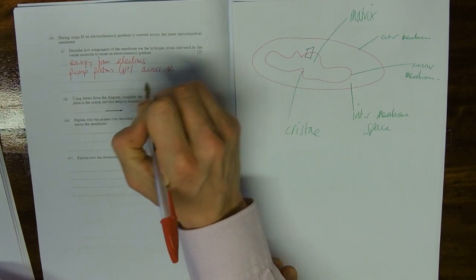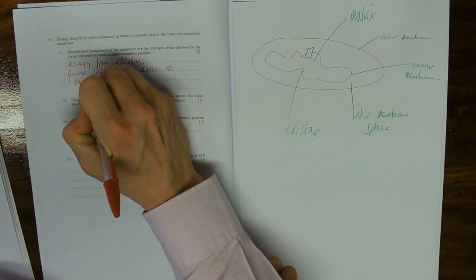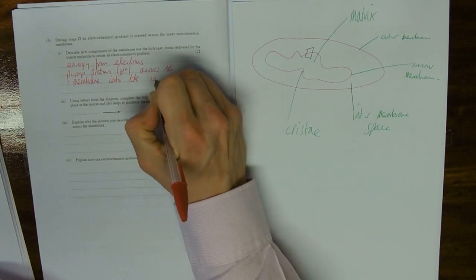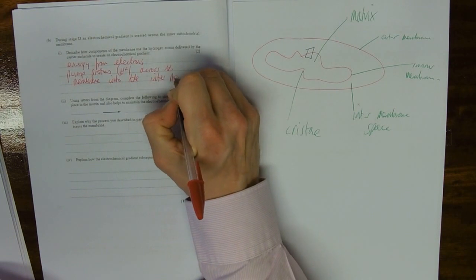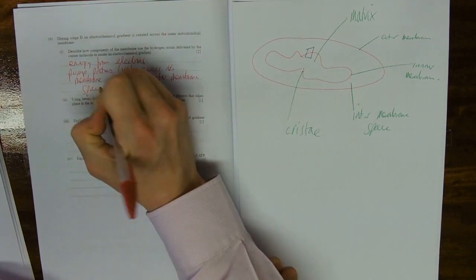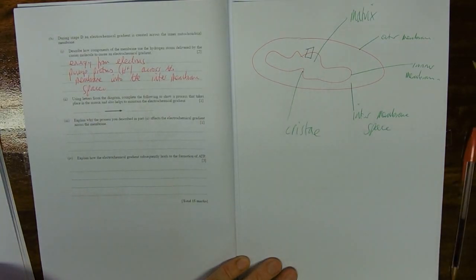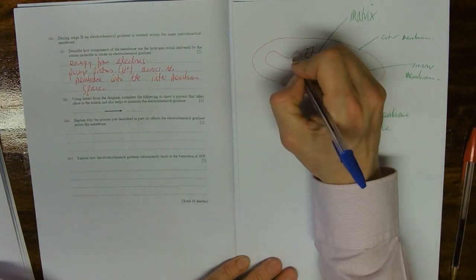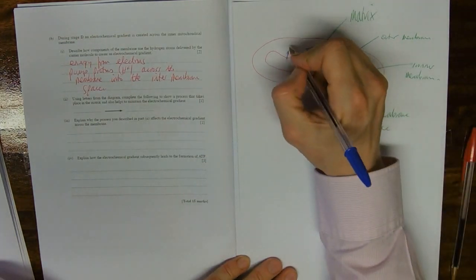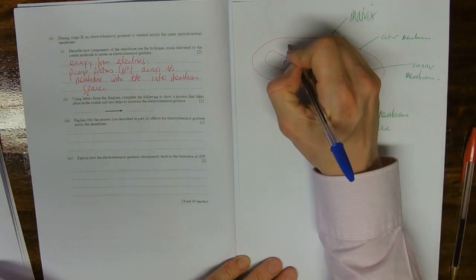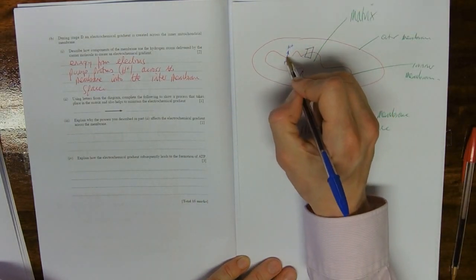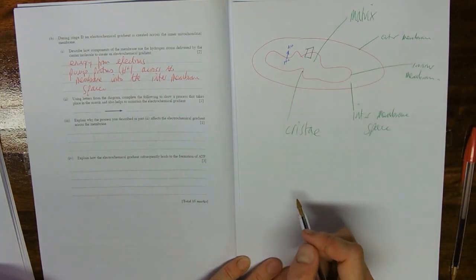across the membrane into the intermembrane space. So you have got hydrogen ions being pumped across there using the energy from the electrons.